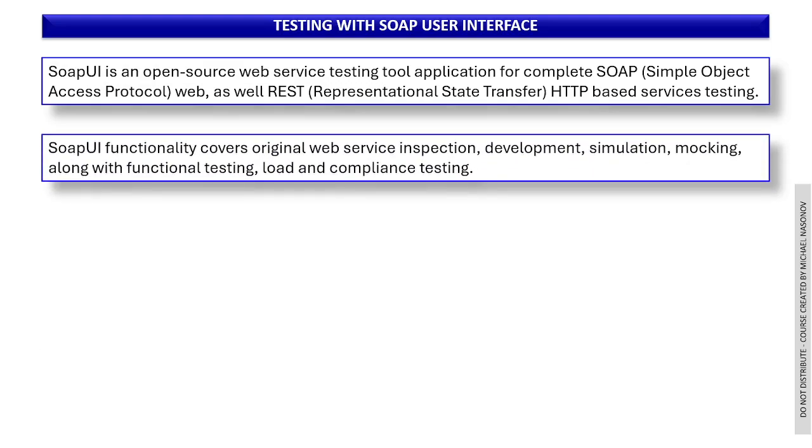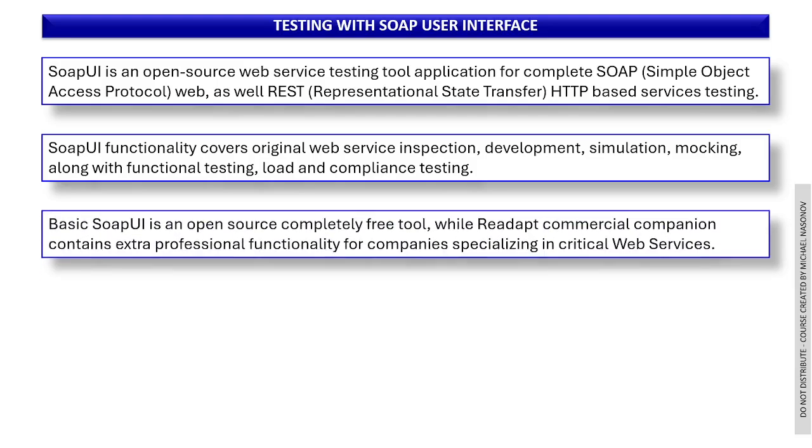SoapUI functionality covers web service inspection, development, simulation, mocking, along with functional, load, and compliance testing. Basic SoapUI is an open source, completely free tool, while its ReadyAPI commercial companion contains extra professional functionality for companies exclusively specializing in critical web services testing.